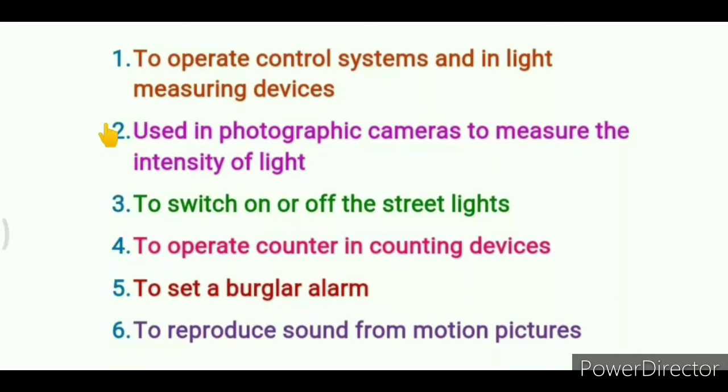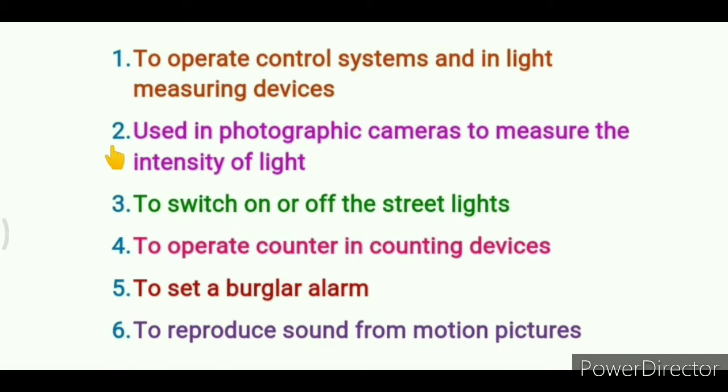One application we have seen is that the photoelectric cell is used in photographic cameras to measure the intensity of light. Another application is that the photoelectric cell is used in an exposure meter also.